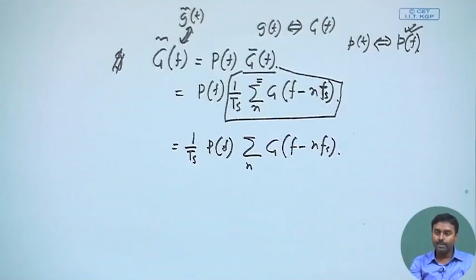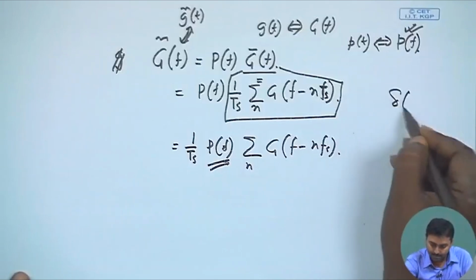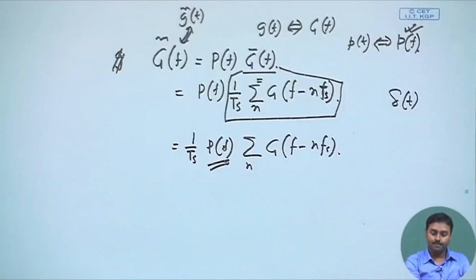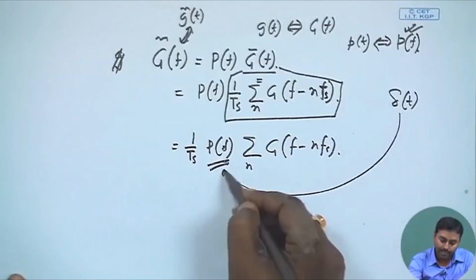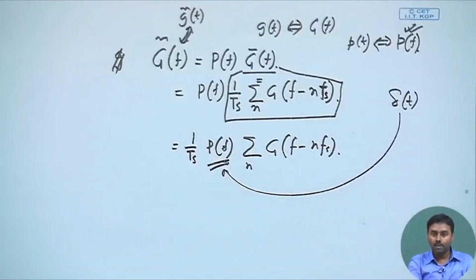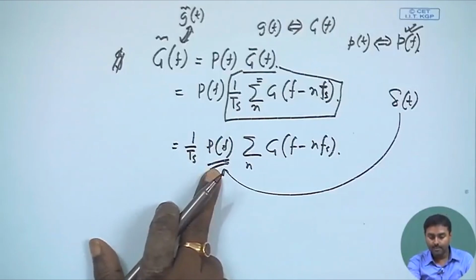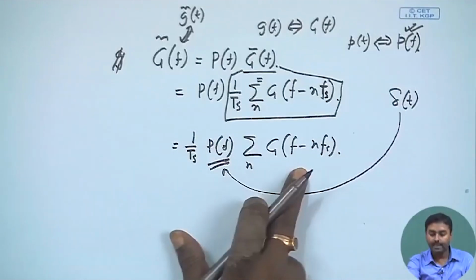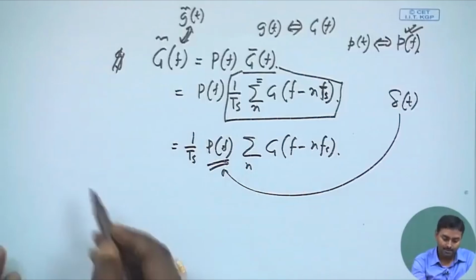Now, for any arbitrary pulse we have a representation, right. So, if this pulse was ideally delta t, then what will be the corresponding P(f)? That will be constant. So, if this is a constant, immediately I get my ideal representation.